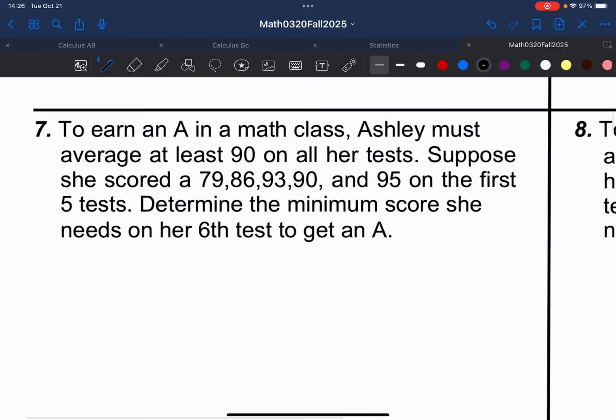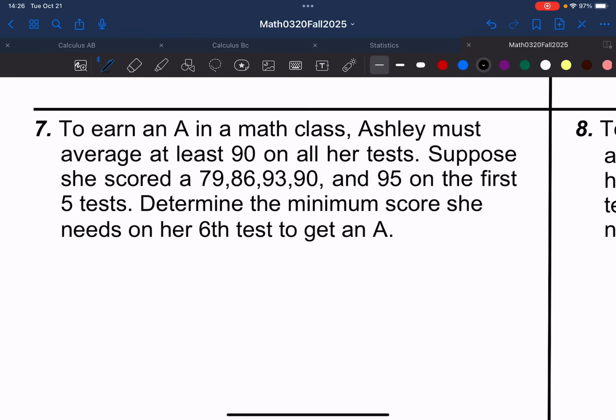Number 7 says, to earn an A in the math class, Ashley must average at least 90 on all her tests. Suppose she scored a 79, 86, 93, 90, and 95 on her first 5 tests. Determine the minimum score she would need on her 6th test to get an A. So at least 90. This tells us that 90, whatever the average is, can be greater, but 90 is the minimum value.